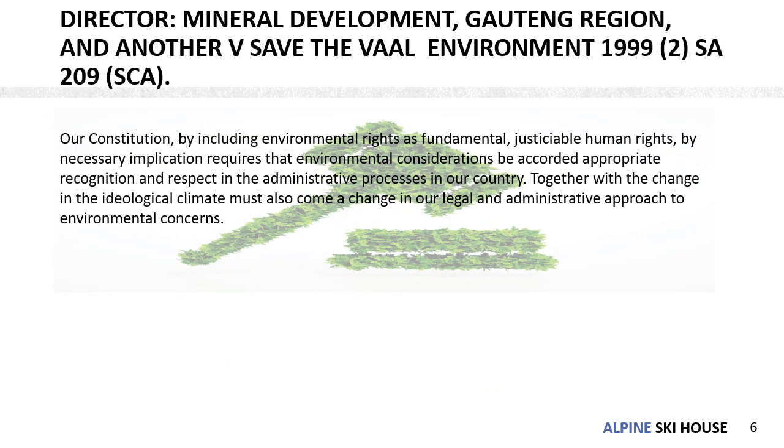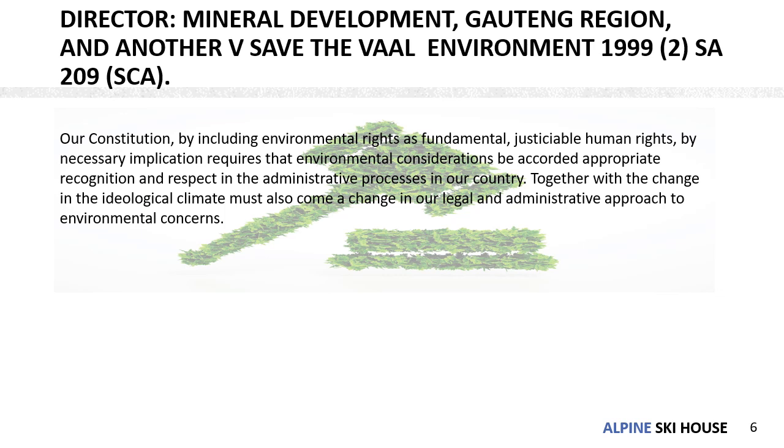What does the incorporation of environmental rights in the Constitution mean? How does it impact the implementation and enforcement of such a right? Well, in the Save the Vaal Environment case, they were talking about the incorporation of environmental rights into the Constitution and how it affects the administration of the state.